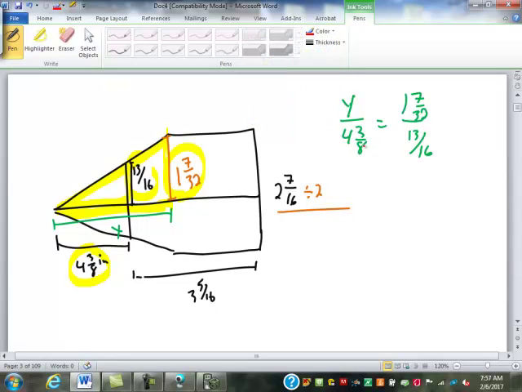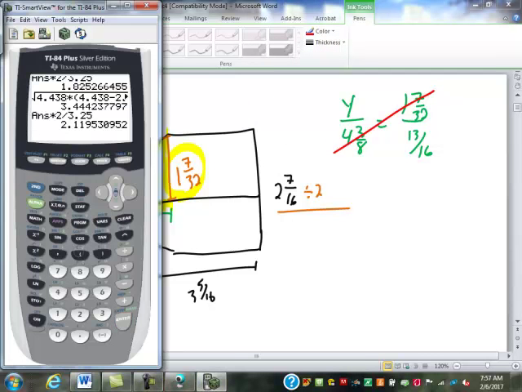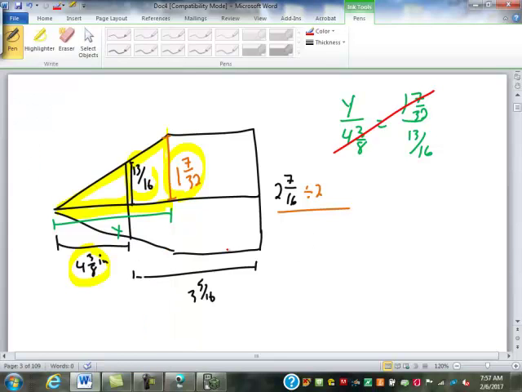So let's cross multiply and divide. 4 3/8 times 1 7/32 divided by 13/16. 6.5625 we get, the total distance from here.